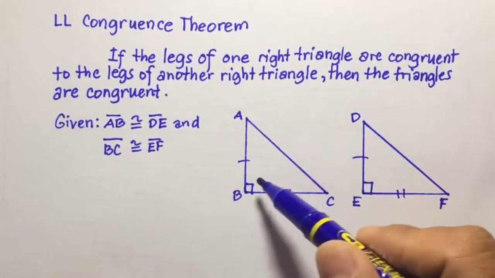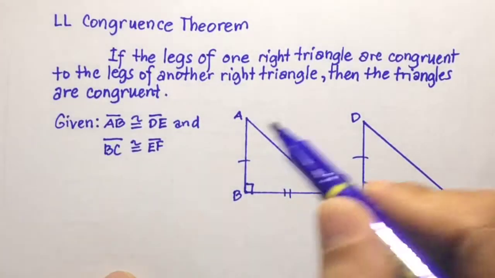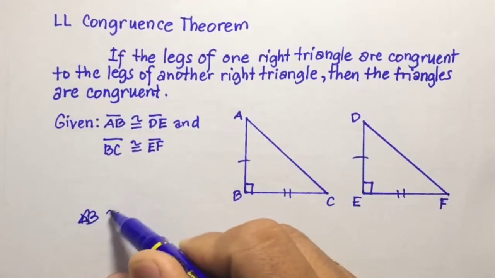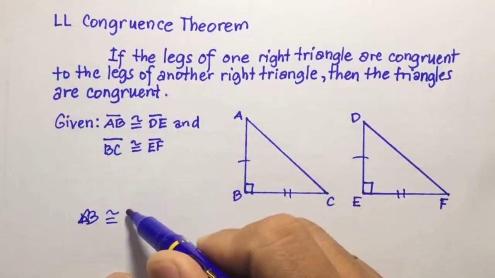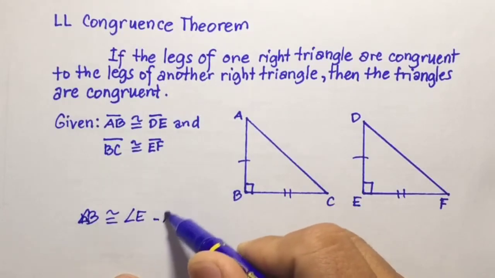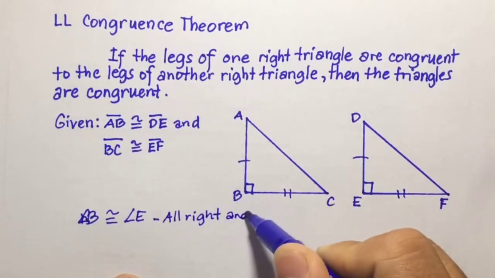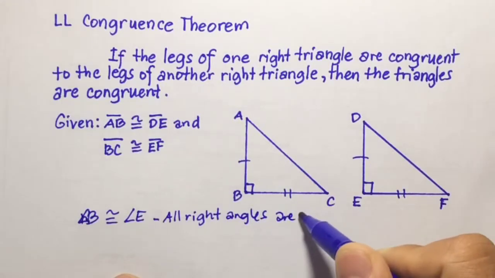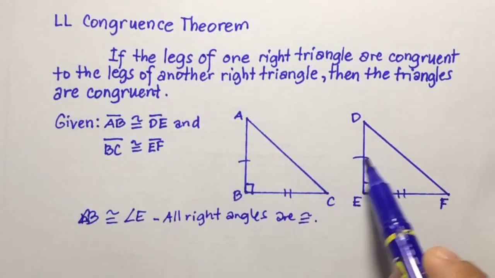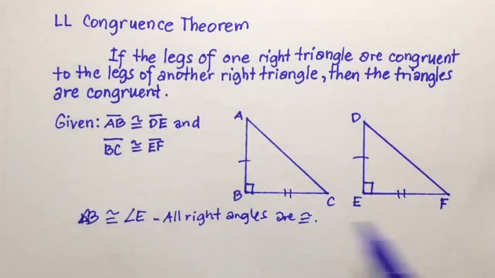Now, since angle B and angle E here are right angles, we can say that angle B is congruent to angle E. This is because all right angles are congruent. Line segment AB is congruent to line segment DE and line segment BC is congruent to line segment EF.